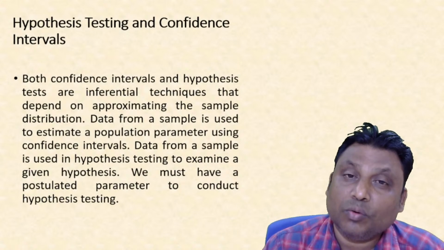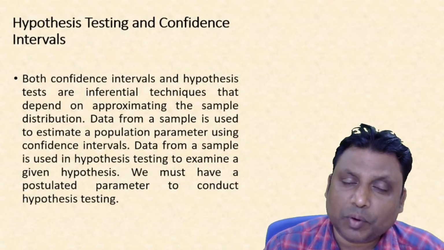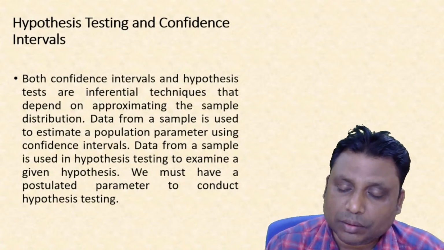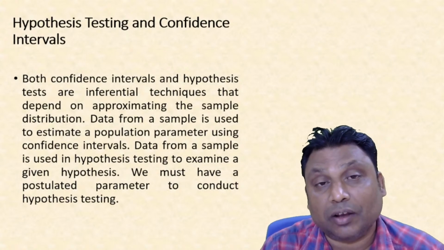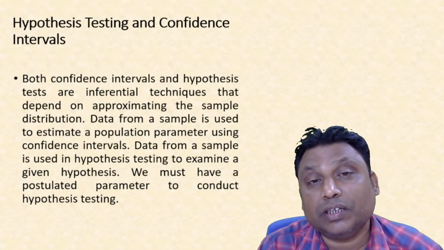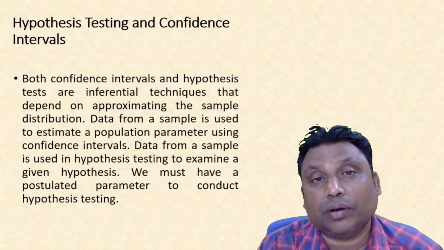Sometimes we can say this is the probability value of the test, and sometimes we think of it as the level of significance, depending on which level of significance we are calculating.